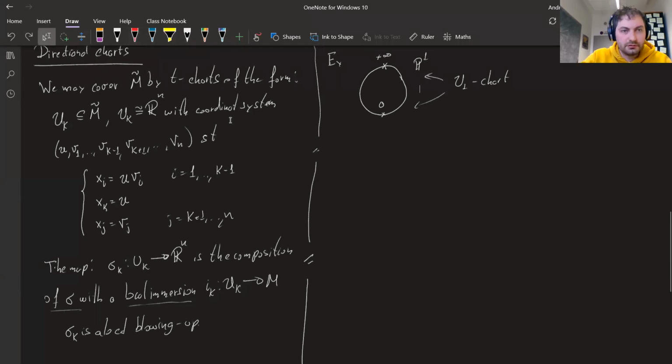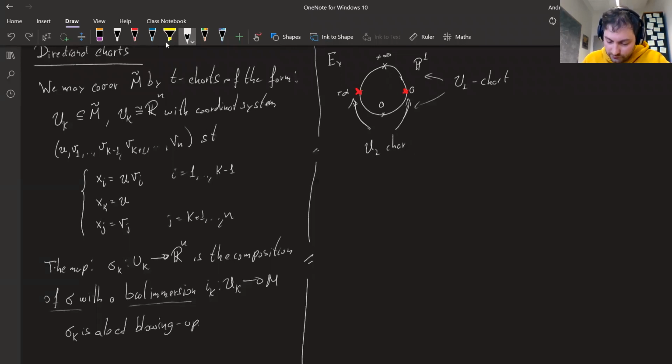we're going to have two points that correspond to the 0 and plus infinity of the U2 chart.